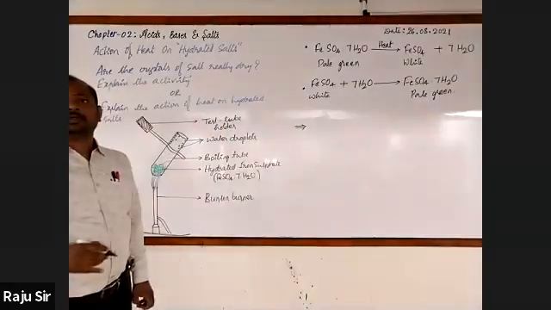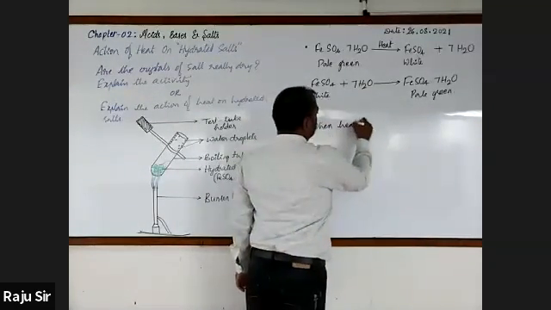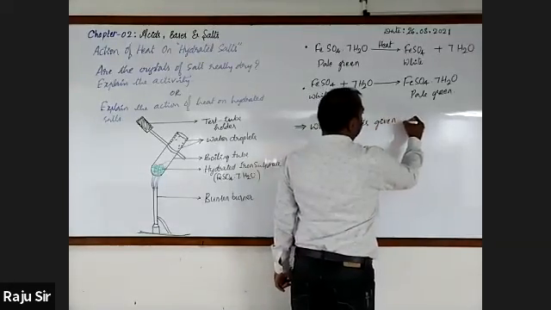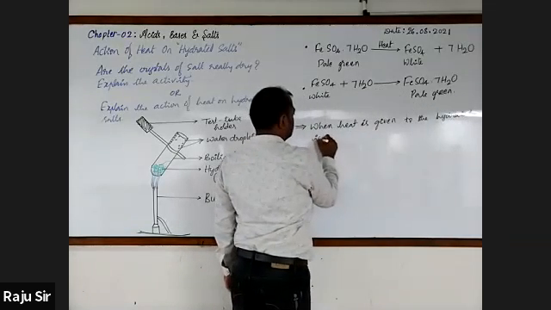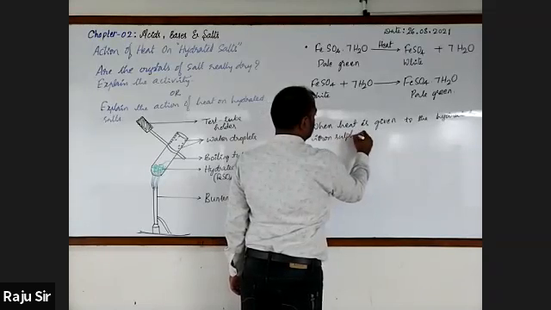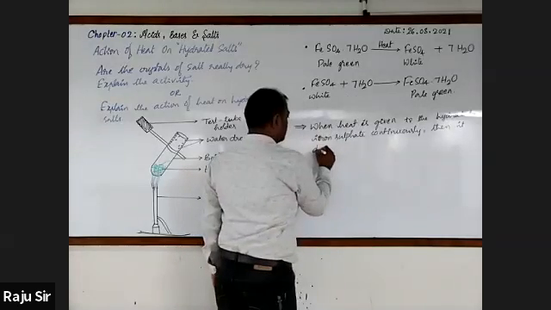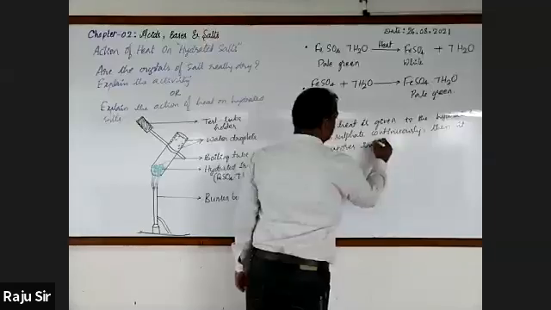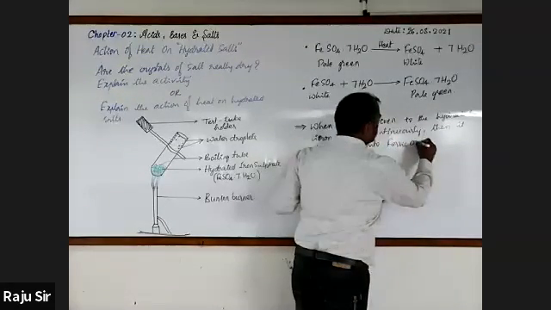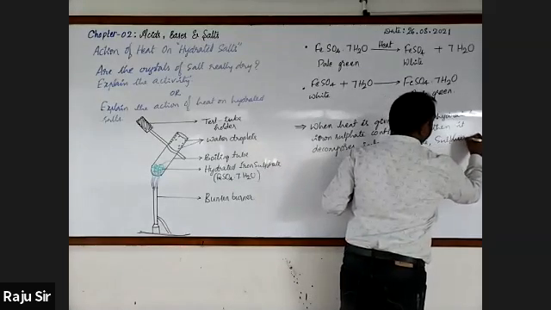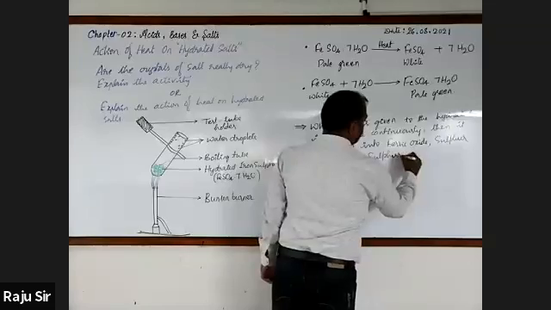Then below that, when heat is given continuously to the hydrated iron sulfate, it decomposes into ferric oxide, sulfur dioxide, and sulfur trioxide.